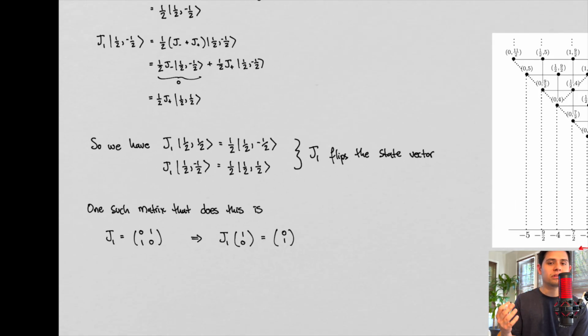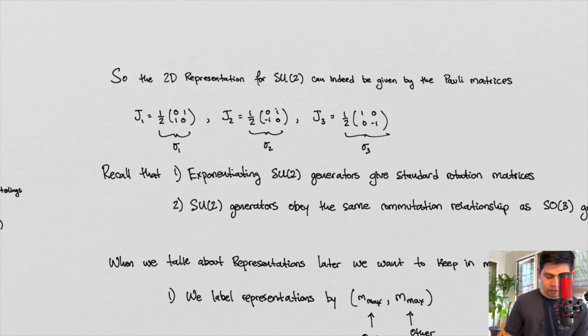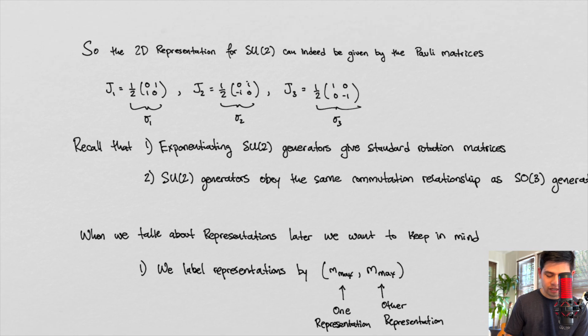So the simplest matrix that we can think about, something that flips something else, is something that looks like this. All right. So this is an element of the 2D representation. So if we want to get a group out of this, we can realize, well, this is part of our Pauli matrices. And if we recall, our Pauli matrices can be closed under a group if the other two matrices are these guys. Right?